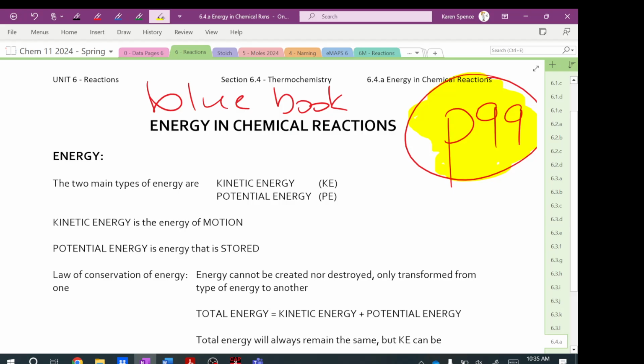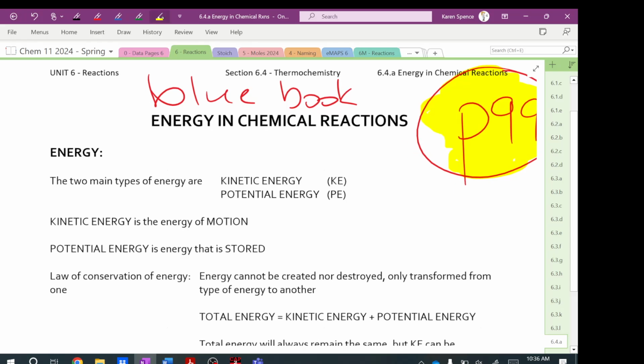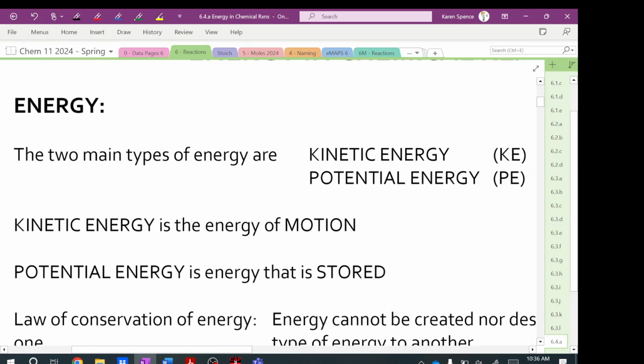So hopefully by this time in your life, you know that there are two main types of energy. And those two main types of energy are kinetic energy and potential energy.